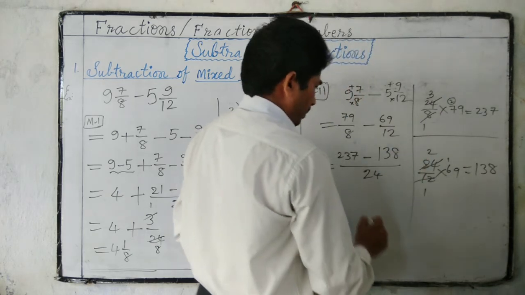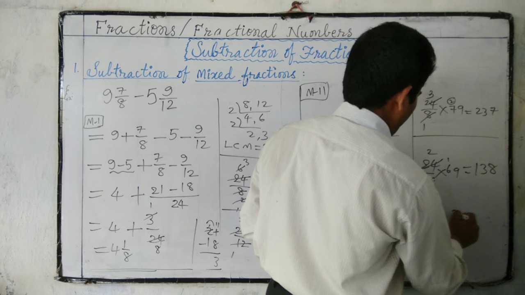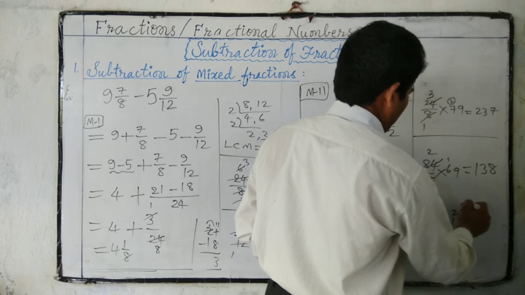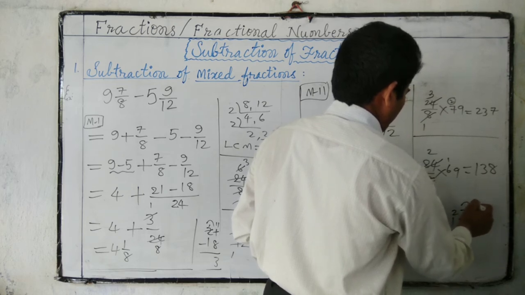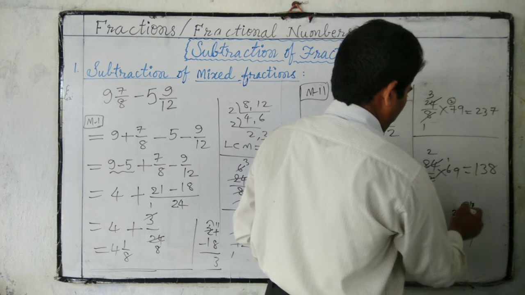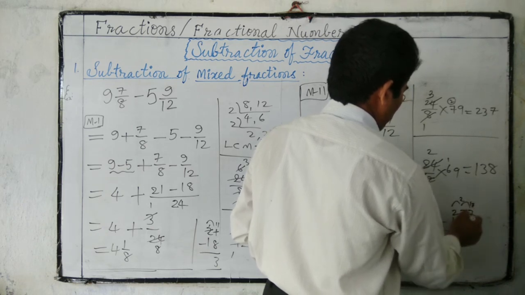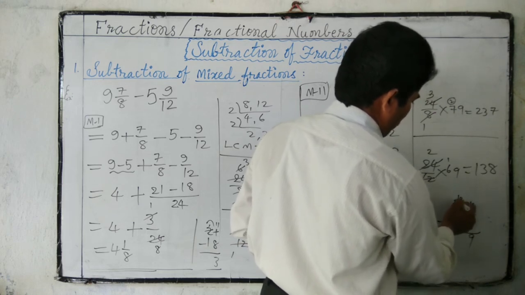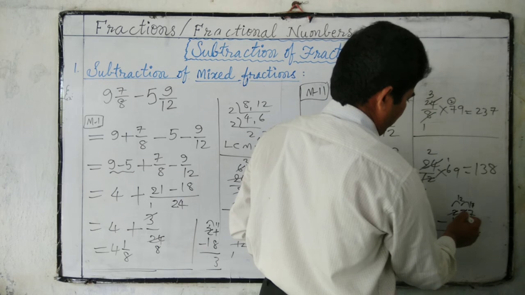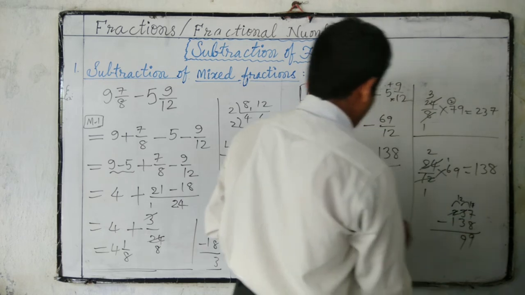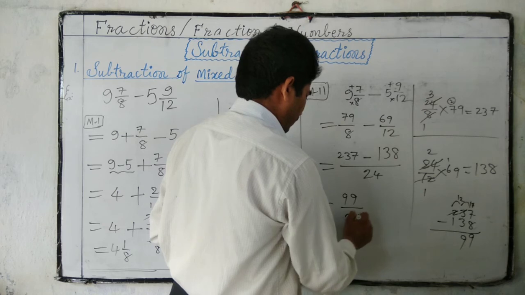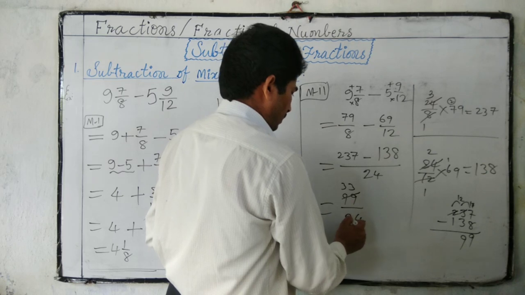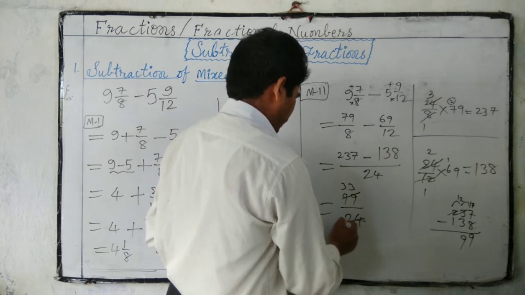Now we subtract: 237 minus 138 is 99, so 99/24.